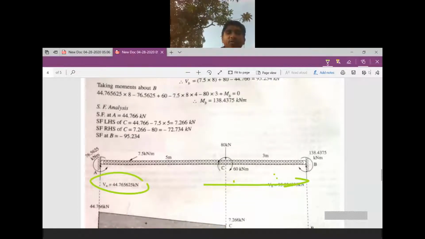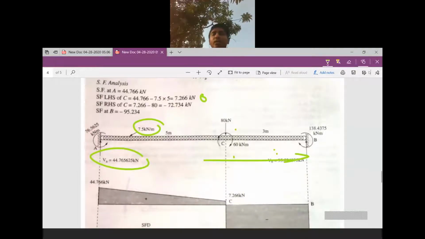Then you have force at C left. Since we calculate from the left, 7.5 into 5 will be the force at C left. Then force at C right is 7.22, the upward force plus this 80. Then shear force at B is the remaining force. What is there at B? A UDL is there. Before B you have a UDL, that is 1.5 into 3 meters, plus the upward force.